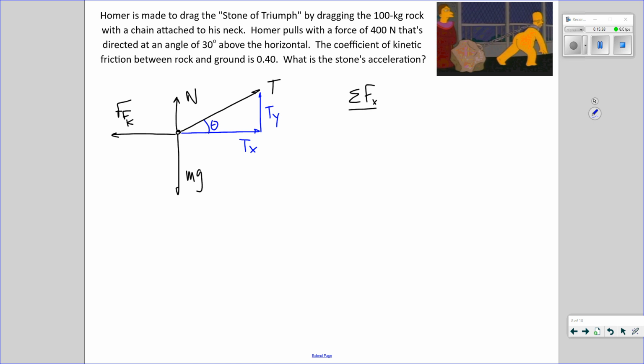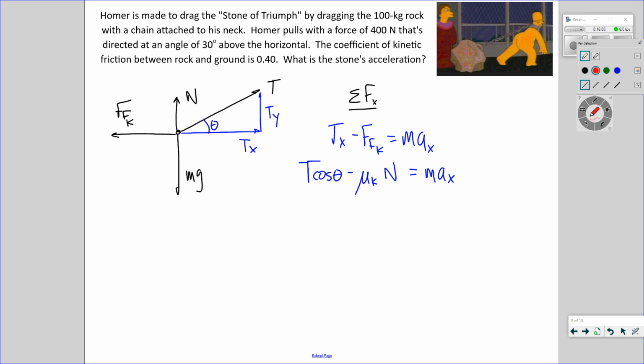And a net F in the x direction says Tx minus the kinetic friction force is max. Tx, we're going to write as T cos theta minus, well, the friction force is mu kinetic times the normal force equals max.